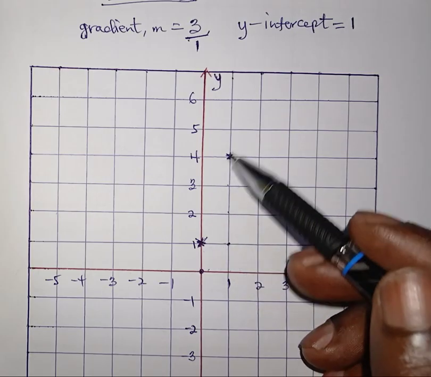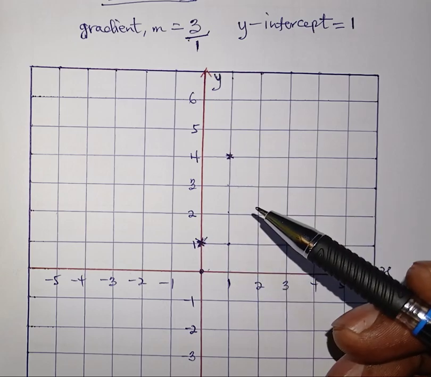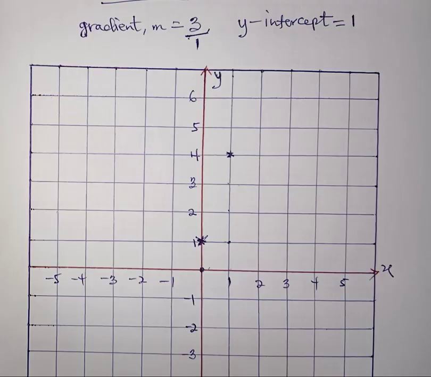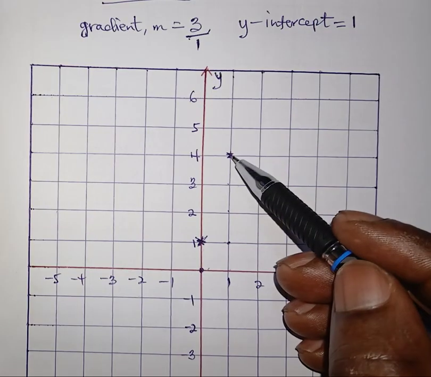It must rise 3 units. If I decide to come down, it means that it will fall. So you see that we have gotten these 2 points.